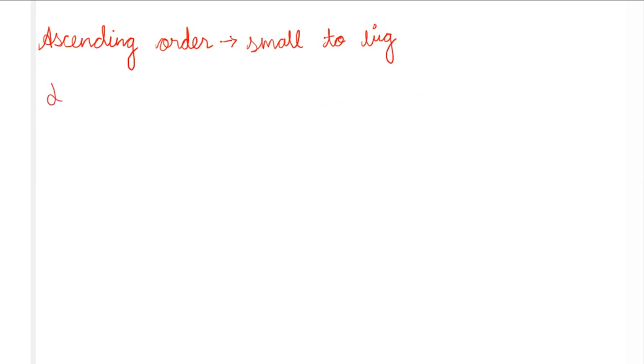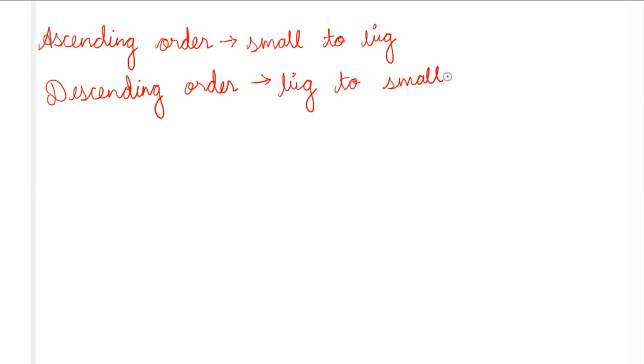On the reverse side, if you arrange them from big to small, then you call it descending order. So your descending order is nothing but arranging the bigger number to the smaller number. So these are the prerequisites which you will have to know before we start with this chapter.